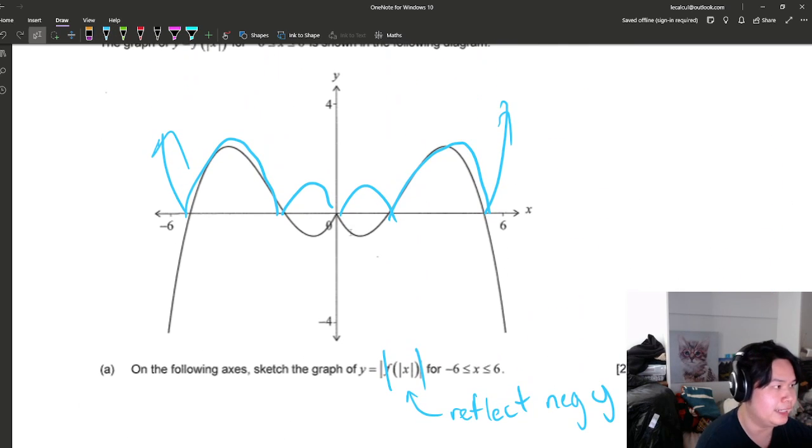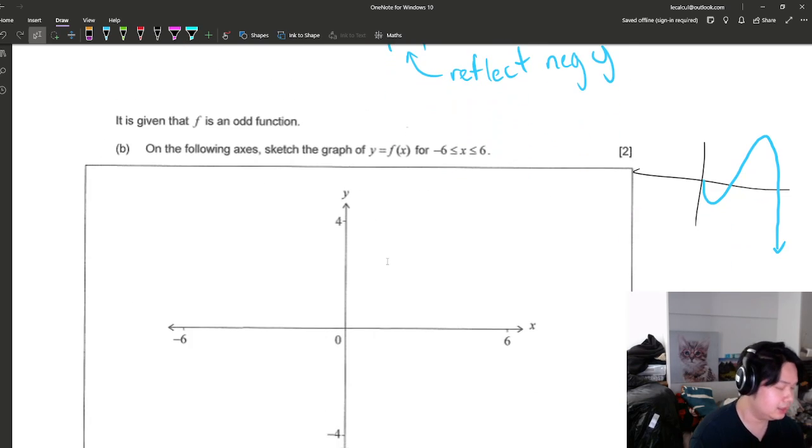Okay, this is the right half of the original graph they gave us. So one thing you need to know and understand is what happens when you take the absolute value of the x. This essentially reflects the positive... Oh shoot, my camera's covering.